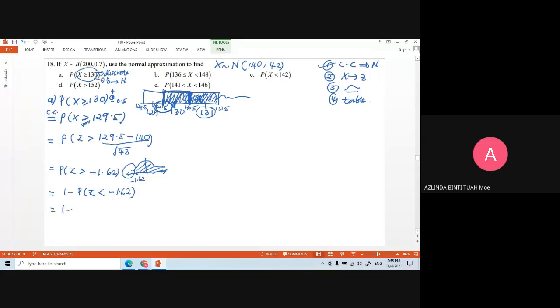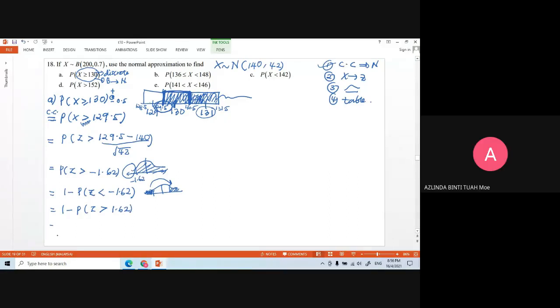Okay, once again, this part, Z less than negative 1.62 must be converted to, reflected to the positive part so that we can get the symbol as greater than positive 1.62.